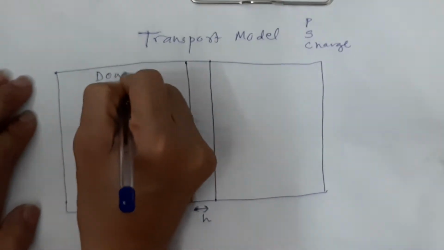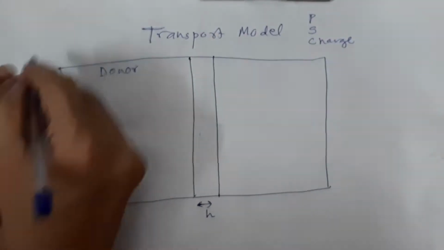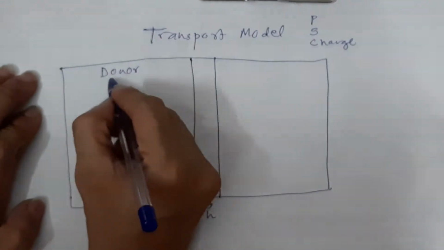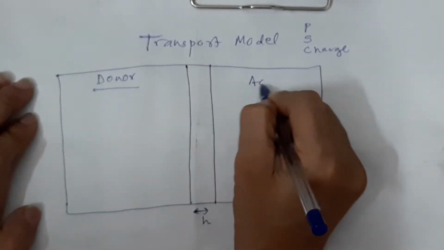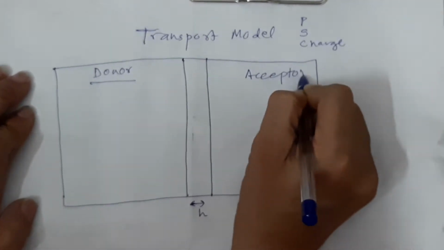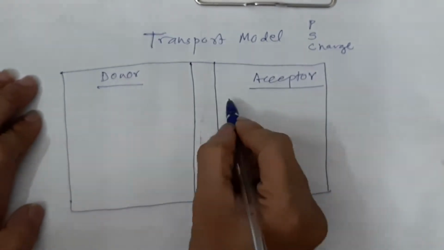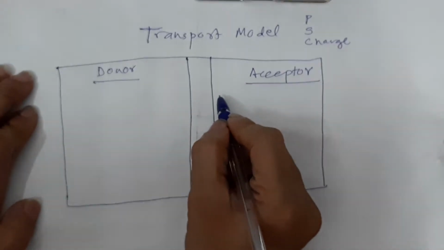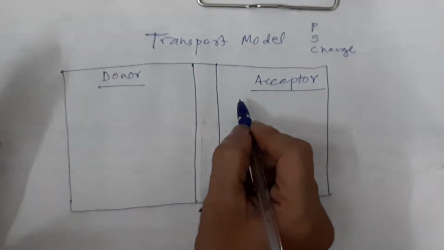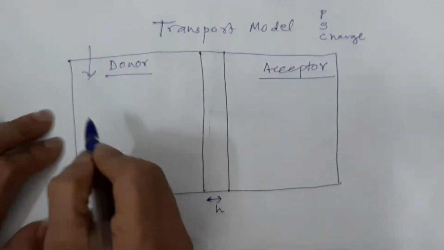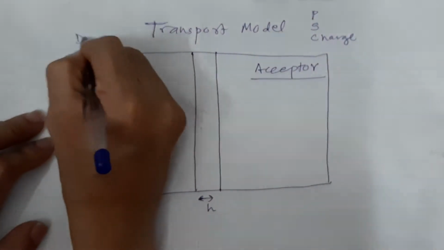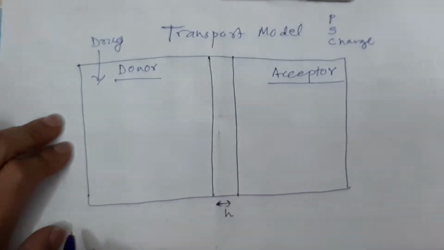One compartment is the donor compartment where we are going to introduce the drug molecule. The second compartment is the acceptor compartment where the drug is going to get transported or permeated. Now in this donor compartment, let us say we have added a known quantity of a drug molecule.